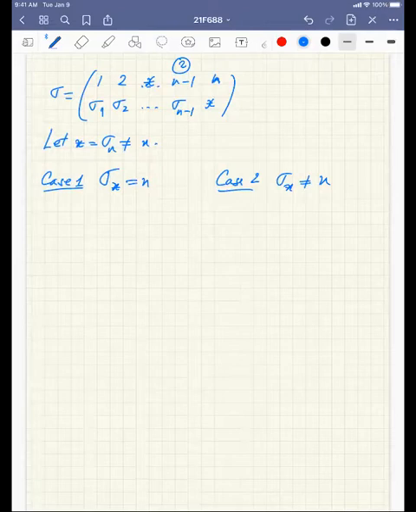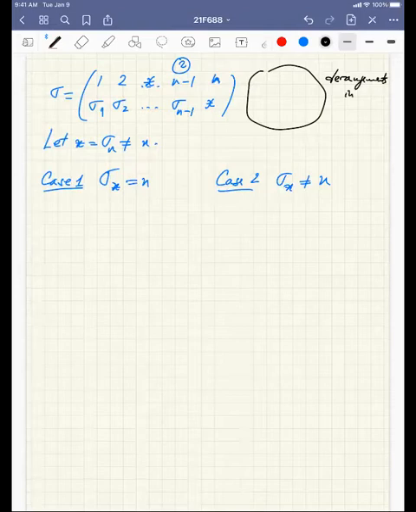Now, in terms of counting, what we're doing is we have here the set of derangements in Sn, and essentially we're splitting them into two parts. The ones on the left are the ones in case 1 where sigma x equals n, and the other ones are going to be the ones that have the property that sigma x does not equal n.